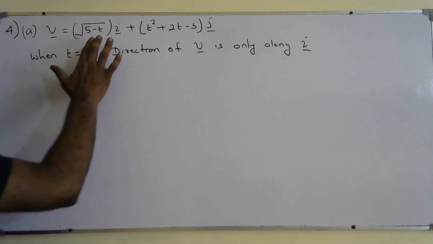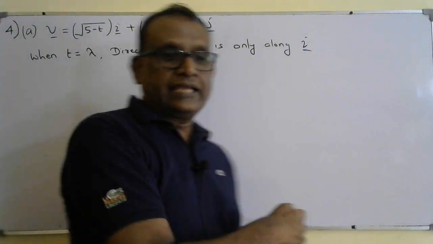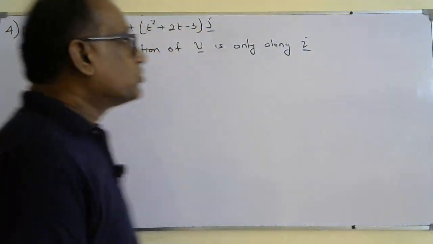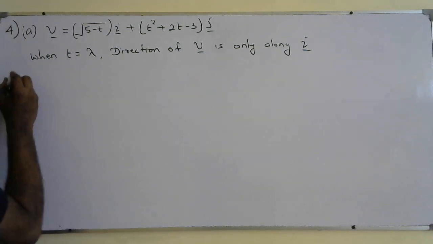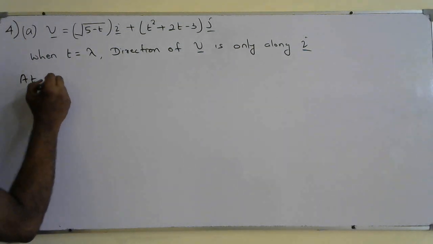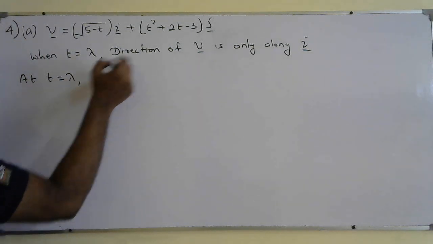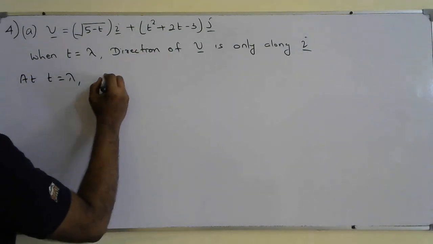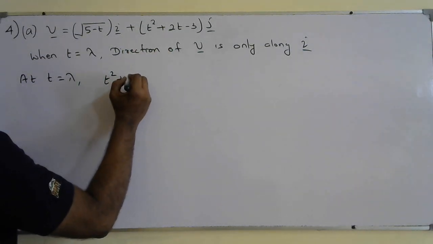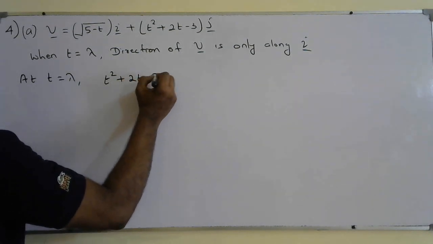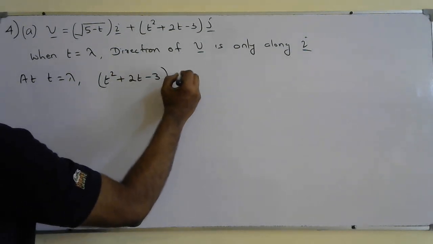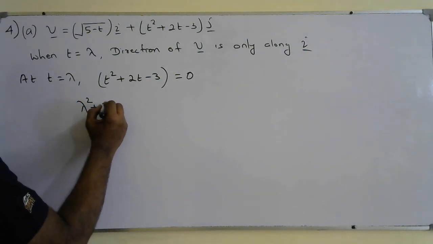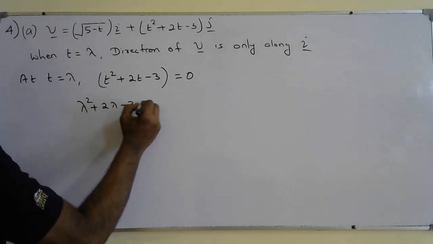So it's clear, i and j are there, and it's only along i, which means the velocity's j component should become 0. So I can say at t equals lambda, the j component, that is t squared plus 2t minus 3, equals 0, that is lambda squared plus 2 lambda minus 3 equals 0.